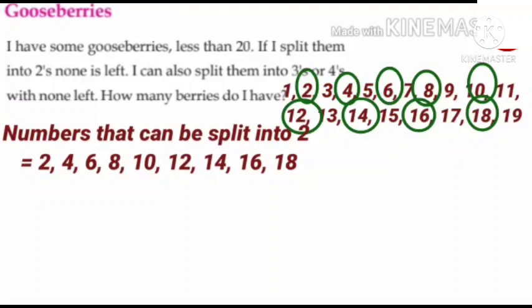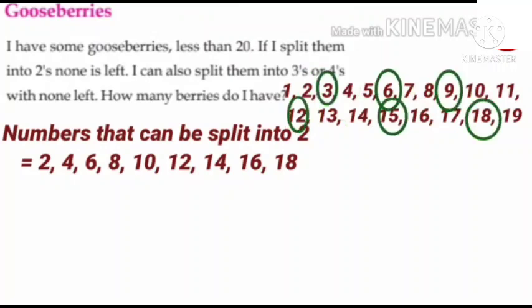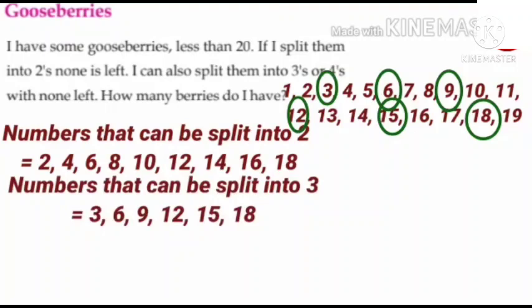See, which numbers come in the multiplication table of 3? Yes, 3, 6, 9, 12, 15 and 18. So, numbers that can be split into 3s are, yes, 3, 6, 9, 12, 15 and 18.